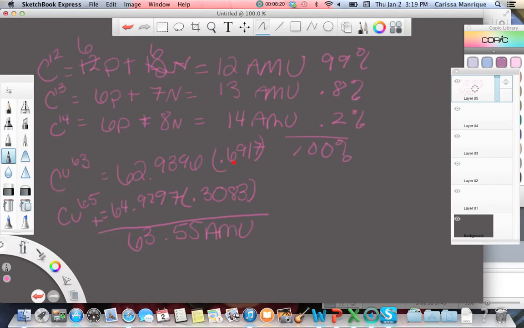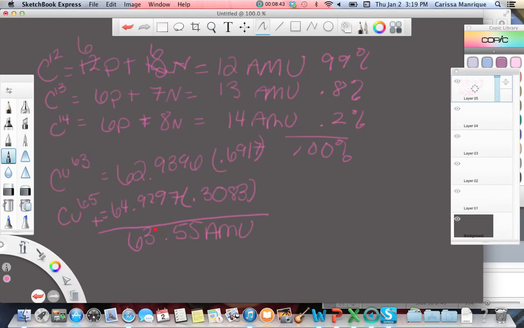Now let's look at this. About 69% of it was copper 63, and 30% of it was copper 65. So the majority of it was copper 63. And you see here that the average of them is 63.55, meaning that most of the copper is copper 63.